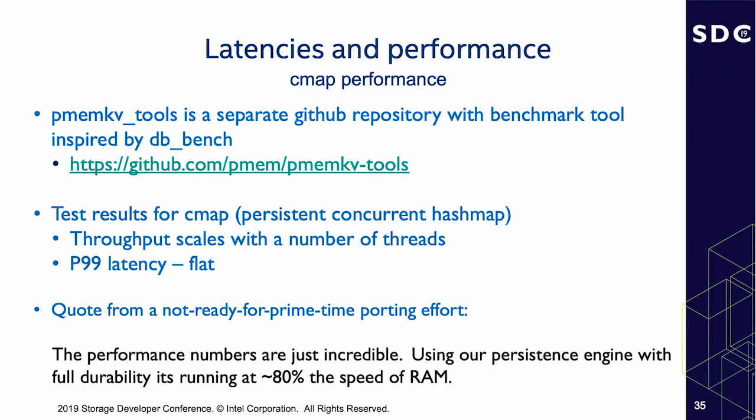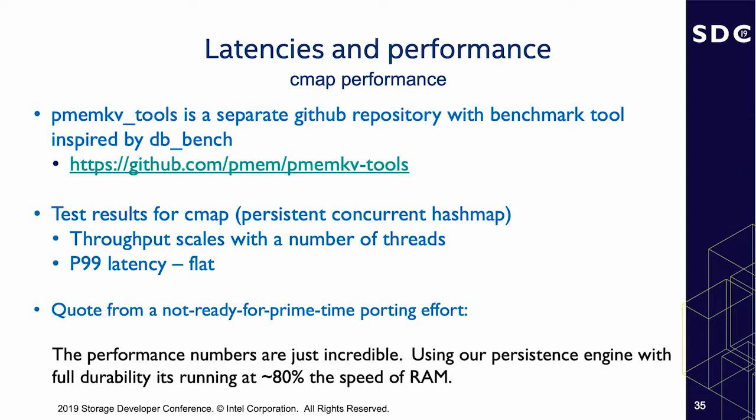We've tried to take some of the other key value stores like RocksDB and make them immediately persistent. RocksDB can do it. It's a config line option, sync equals 1, I think, is the option. No way is it 80% of the DRAM speed. It really drops. It's more like 2% of the DRAM speed, right? So I just thought this was such a great thing. That's when I said to the guys, let's write a blog together, and we're going to do that. So that's the summary of the performance for the cmap engine.